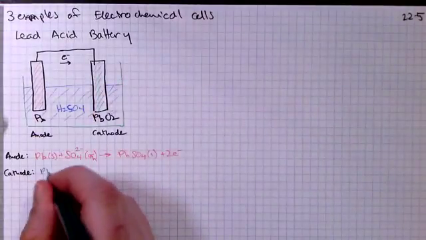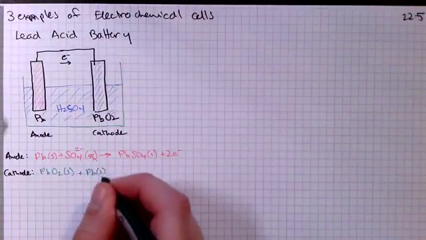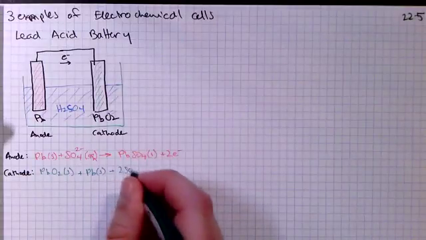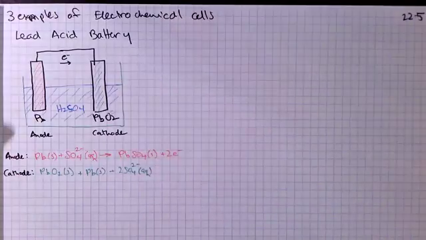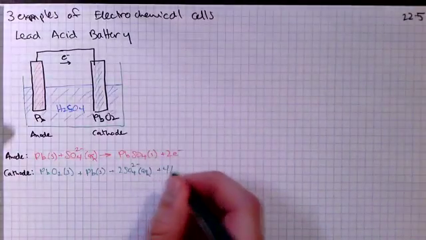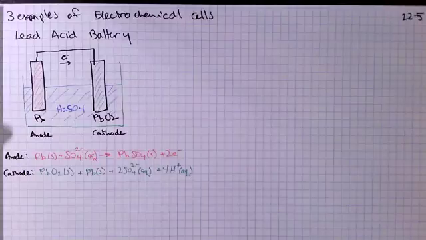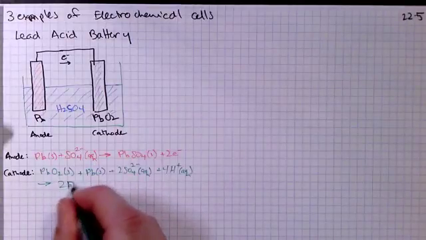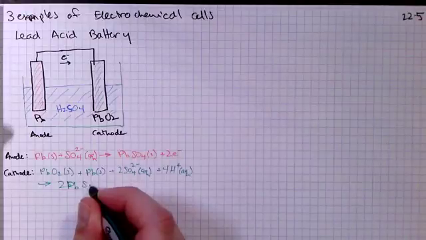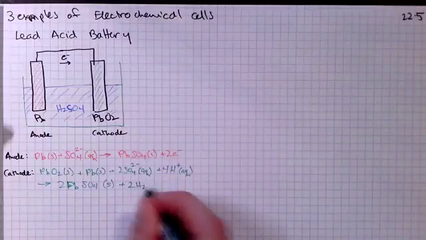We have lead oxide, which is a solid, plus lead, which is a solid, plus 2 SO4, which are aqueous, and charge 2 minus, plus 4 hydrogens, which are aqueous, because that's part of what's dissolved into the solution, and those are going to 2 PbSO4 solid plus 2 waters.